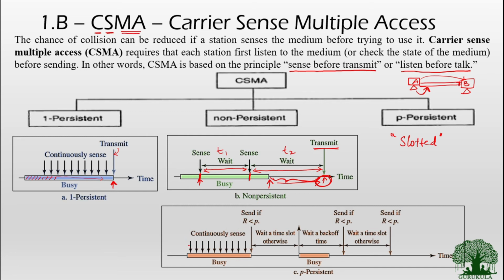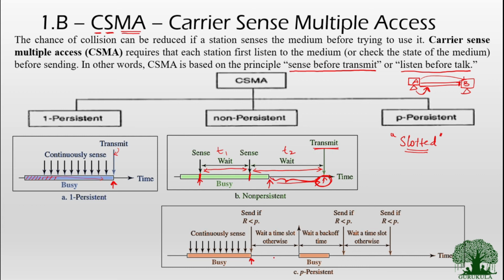See, the sending station will continuously check the channel, and once the channel is free, the station cannot immediately transmit as we have seen in one-persistent, because although the channel is free, it should now perform a second check. What is the second check? Remember that I said it is a slotted channel, so that particular station should check whether the free time belongs to its particular slot, whether it is station 1's slot or not.